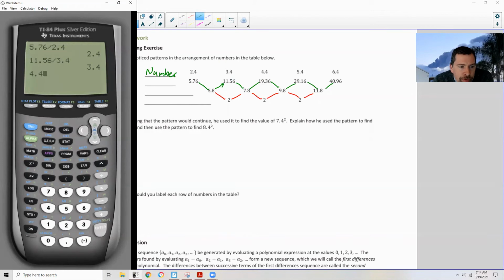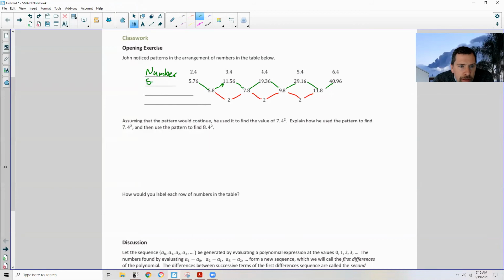So go 4.4 squared, and that gave us 19.36. We're looking good. 5.4 squared gives us 29.16. And I'm assuming that 6.4 squared is going to give us 40.96. And sure enough, so this is the number squared. So this is the square.